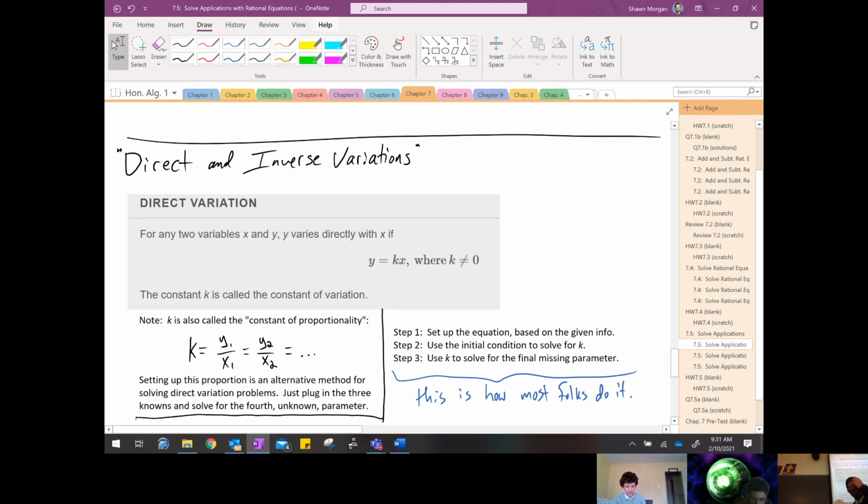But hey, look, direct variation is very simple. If two things vary directly, what that means is that if one goes up, the other goes up. If one goes down, the other goes down. Like I'll use myself as an example. The more time I spend in the weight room, the stronger I get.